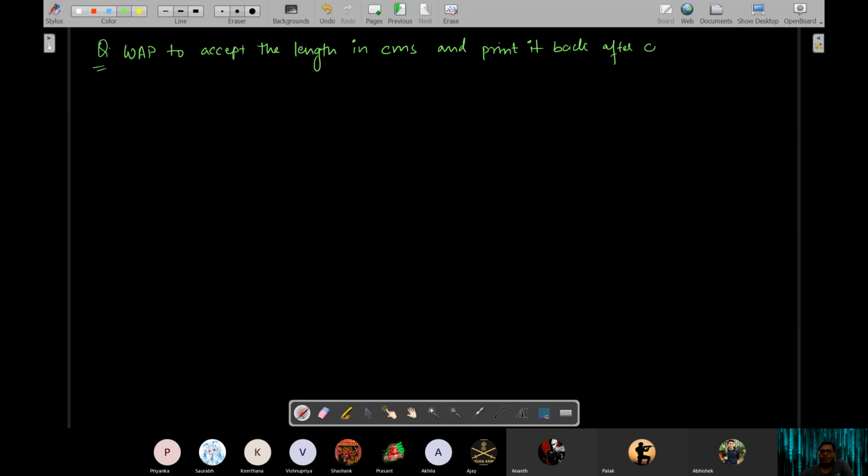Next page. Write a program to accept the length in centimeters and print it back after converting it into feet and inches.